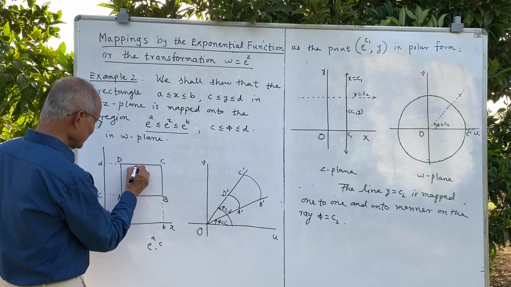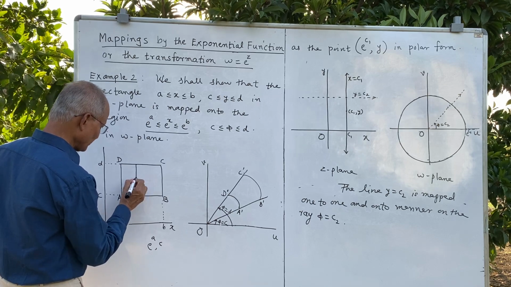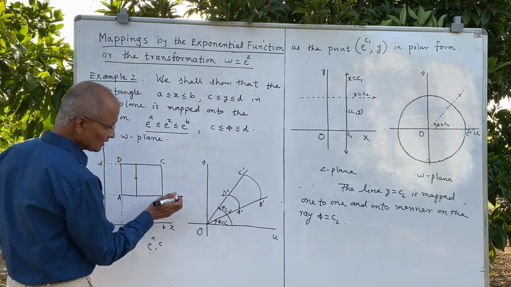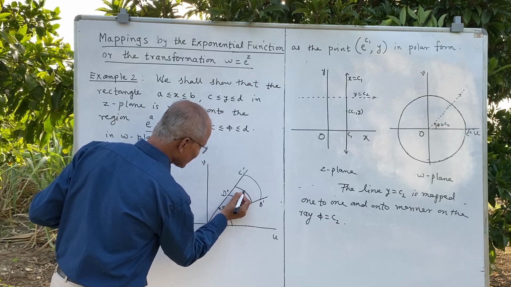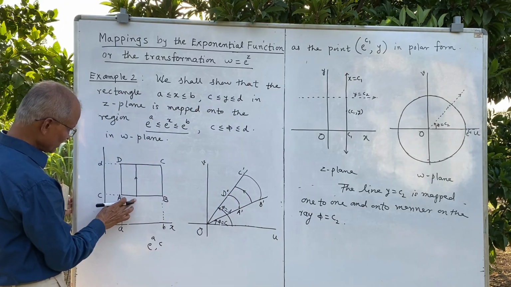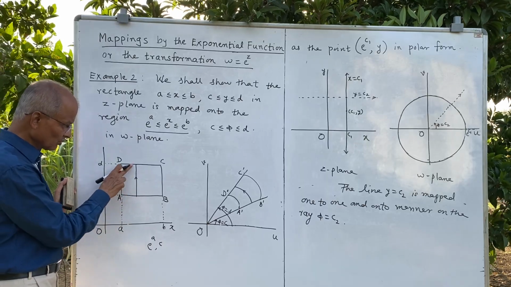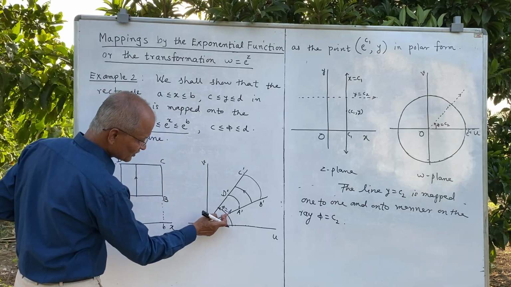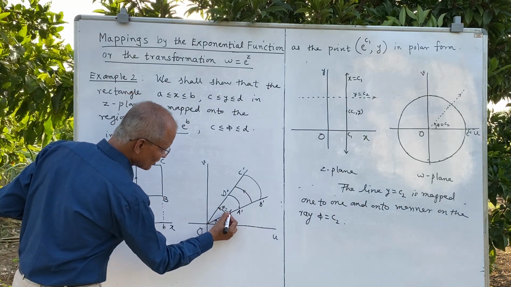And if you consider an intermediate line segment like this, then that will be mapped on this segment in this way. The angle takes values from c to d, phi takes values from phi is equal to c up to phi is equal to d.